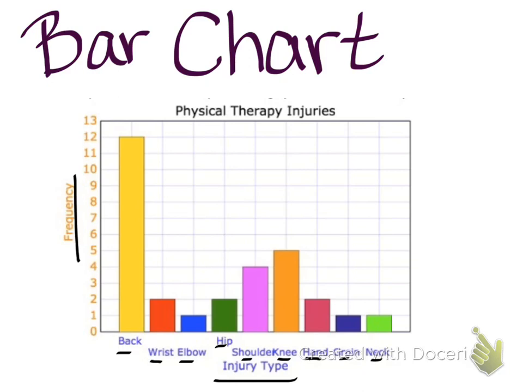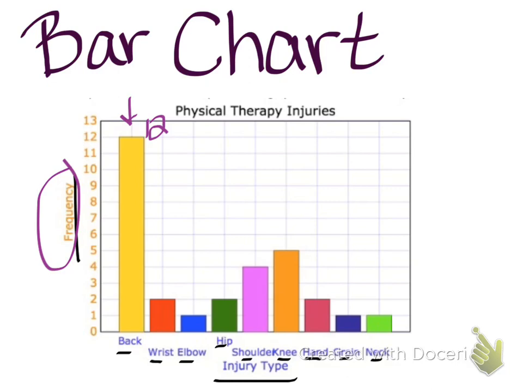So if we look at the back injury, we can see that the rectangle over the back injury goes up to the 12. So that's telling us that there were 12 people with back injuries, which is the same thing that we saw from our data set. I could also, instead of having frequency right here, list this as relative frequency. If I wanted to do a relative frequency bar chart, that's totally fine.